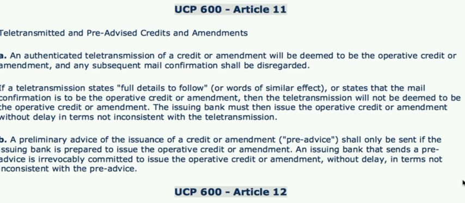And moreover, anything which is transmitted without the consent of all the parties is subject to being disregarded. So Article 11 speaks about how the messages or the credits are to be transmitted.